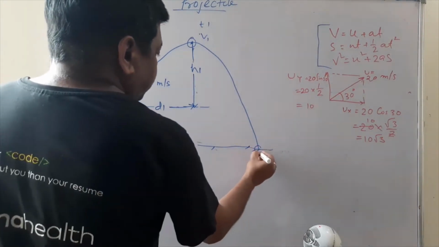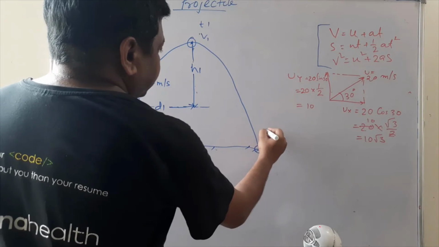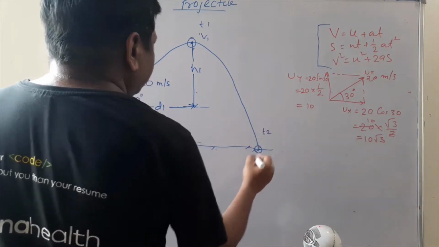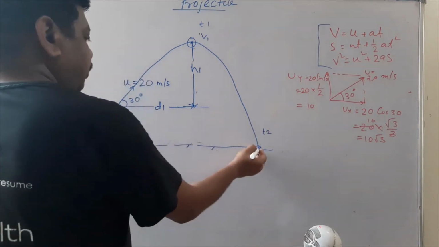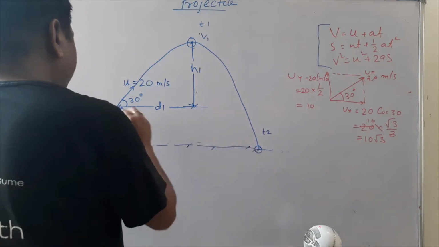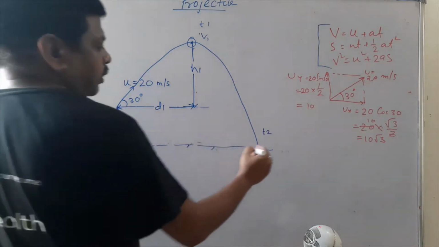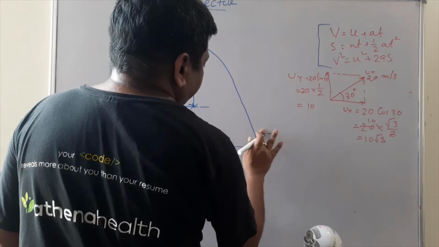Similarly, at this point also you need to calculate the time t2, the time required to reach this point from this point, and v2.